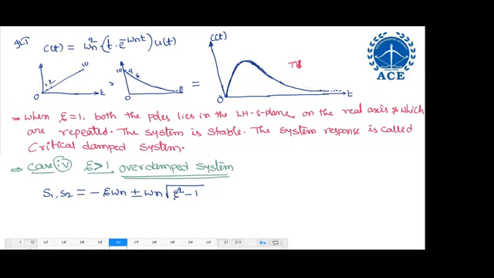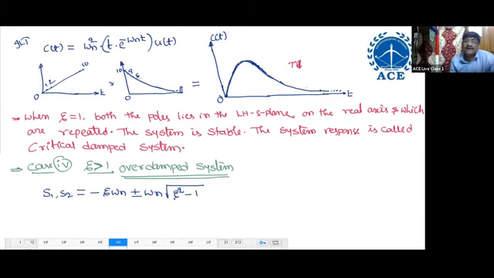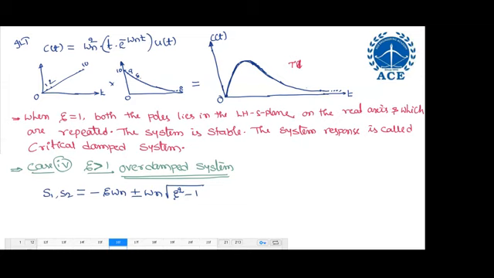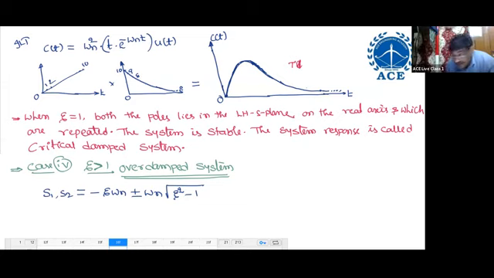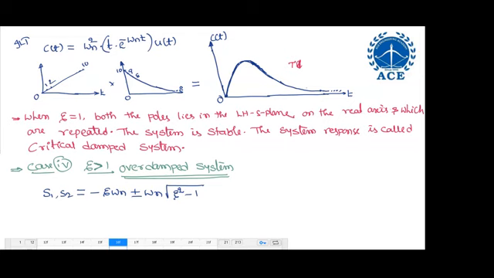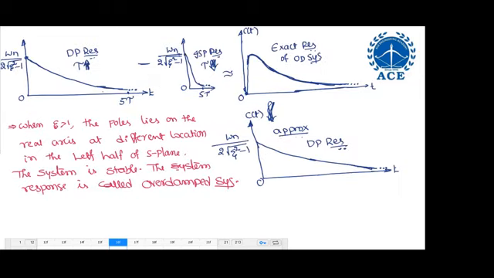Sir, does overdamped have the largest time constant, or undamped? Overdamped has a large time constant. Sir, but in the order we wrote that undamped has. While we are writing the order, the fourth conclusion.